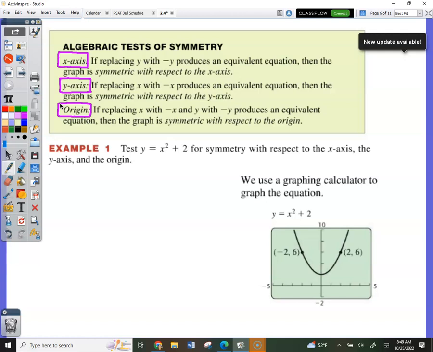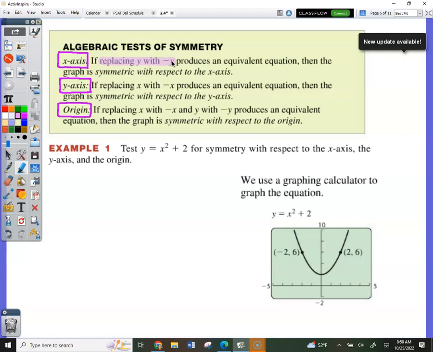Because if it is, then it's symmetrical over the x-axis. So I want you to underline right here where it's telling you what to do. Or highlight, it's up to you.